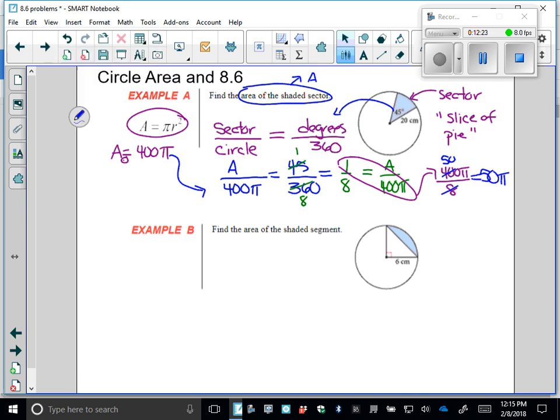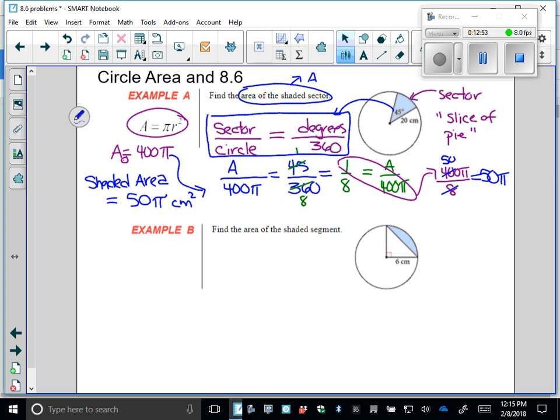So the shaded area is equal to 50 pi centimeters squared. So that's just finding the area of a sector. It's just a simple ratio and proportion problem.